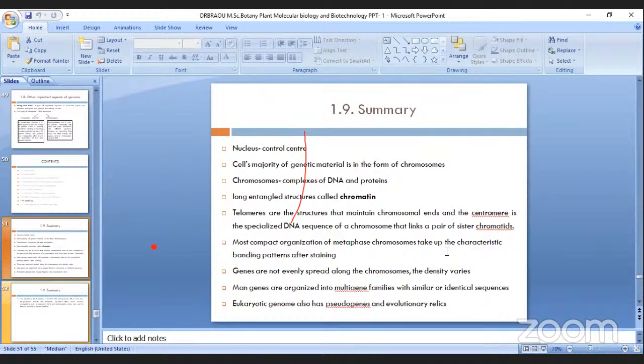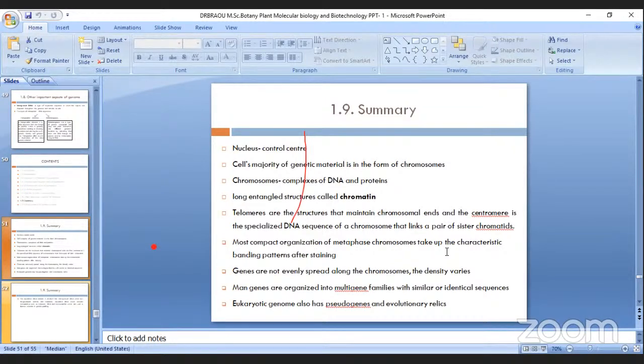Telomeres are the structures towards the end of the chromosome, and these telomeres have two components: the repeated motif DNA and some special binding proteins. These other proteins help in binding the chromosomal end to the territories of the nucleus.